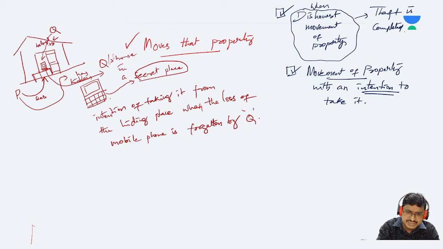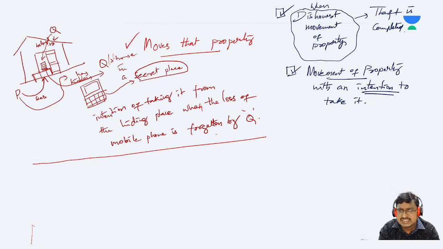Therefore, this is one illustration. It very clearly shows that even though the mobile phone is kept in Q's house, Q is the owner of the house, Q is the owner of the mobile phone. Here, P is a stranger. Even though he has good acquaintance with Mr. Q, he went to Q's house.